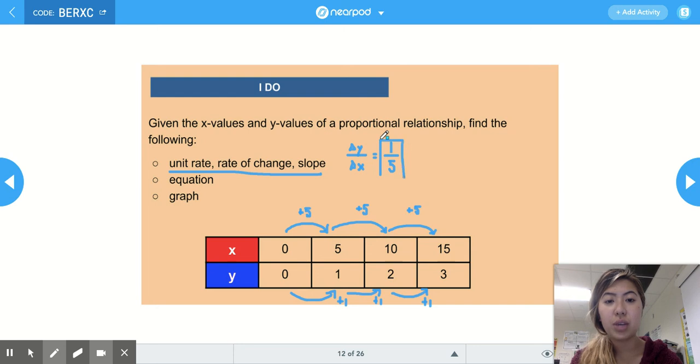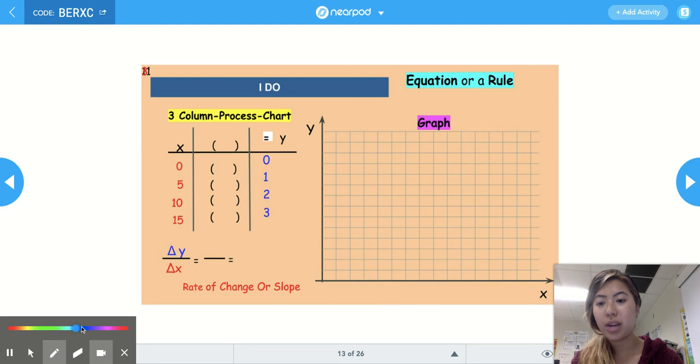And from here we can write our equation. So proportional relationships are always in the form y is equal to k times x. And k just is the letter that represents the unit rate, rate of change, slope, or constant of proportionality. So to write the equation, we have y is equal to 1/5 times x.